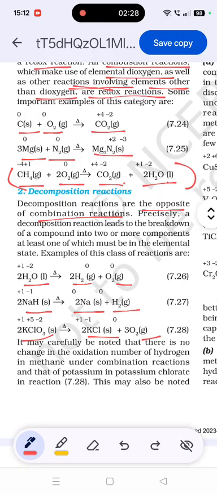See, a decomposition reaction leads to the breakdown of a compound into two or more components, at least one of which must be in the elemental state.